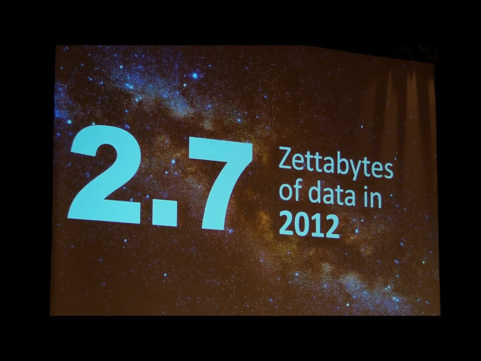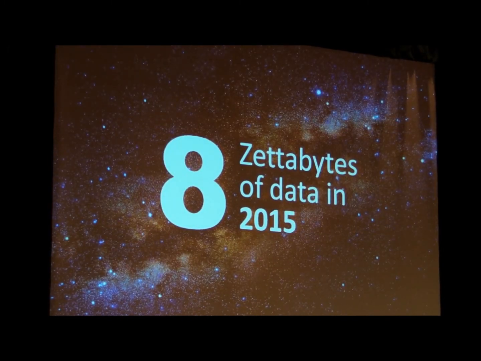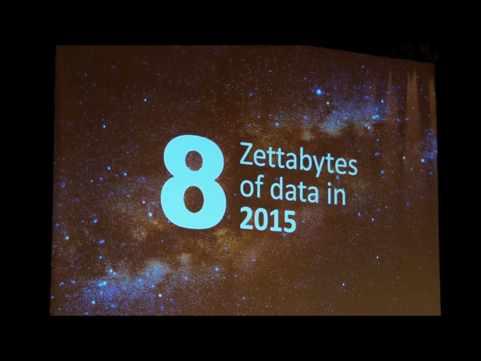So a lot of storage has to be built out to take care of this. And this doesn't, by the way, include the whole history of data that's been created to this point. Fast forward a couple of years to 2015, it's going to go to 8 zettabytes. So this is increasing at a fairly good clip, and we have to keep up with it.